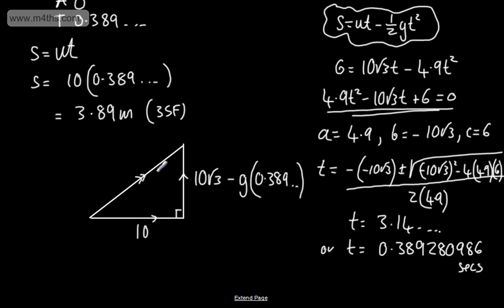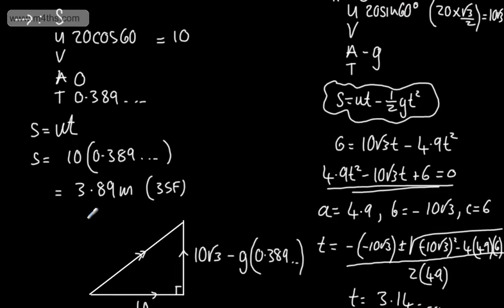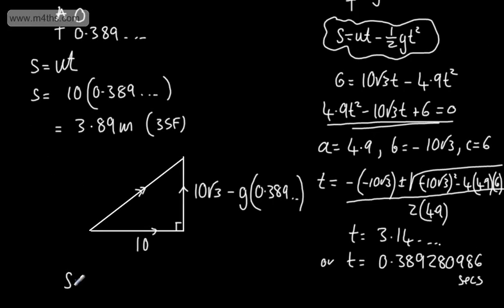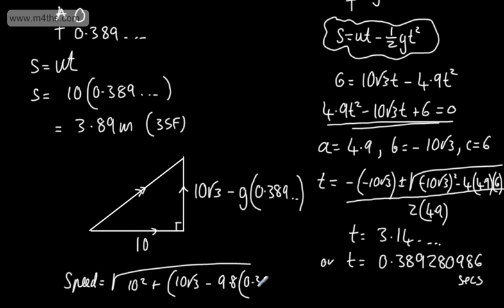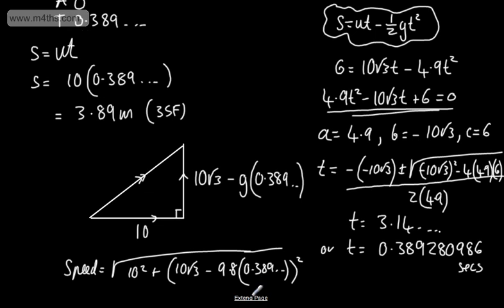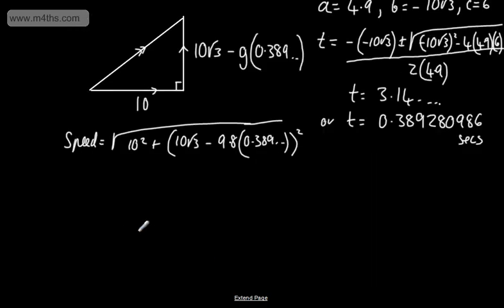So if I do that now, using this answer in the calculator, I can say that the speed will be equal to the square root of 10 squared, plus now the quantity 10 root 3 minus 9.8, which is our G, multiplied by our 0.389..., which we're going to square.